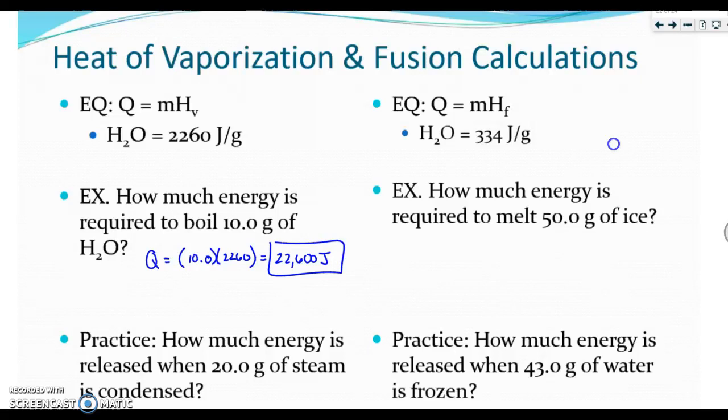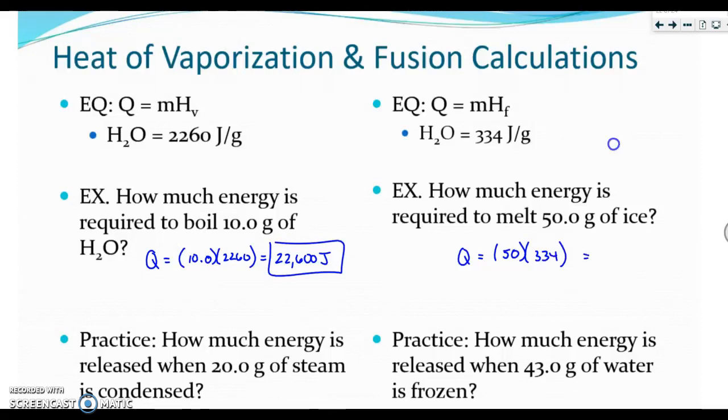We do the same thing for heat of fusion: mass times the heat of fusion constant for that substance. It says how much energy is required to melt 50 grams of ice. So you would say Q equals 50 times our 334.